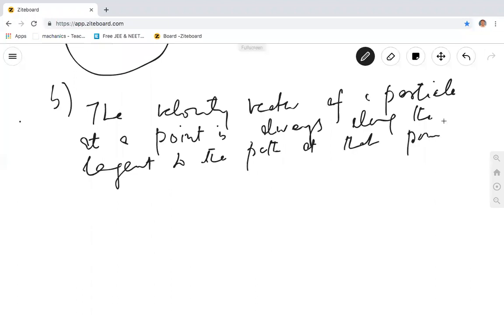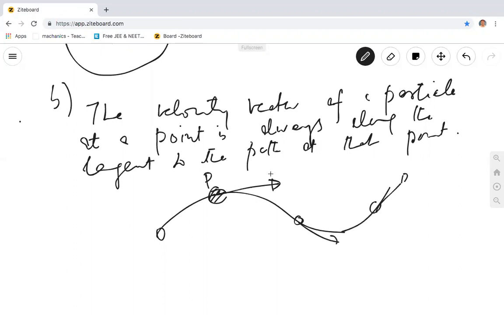Just concentrate on this statement. Say the particle is moving like this. Here at this point, what's the velocity of the particle? It's always tangential to the path. Here it is always tangential to the path. Here too. So it's a correct statement.